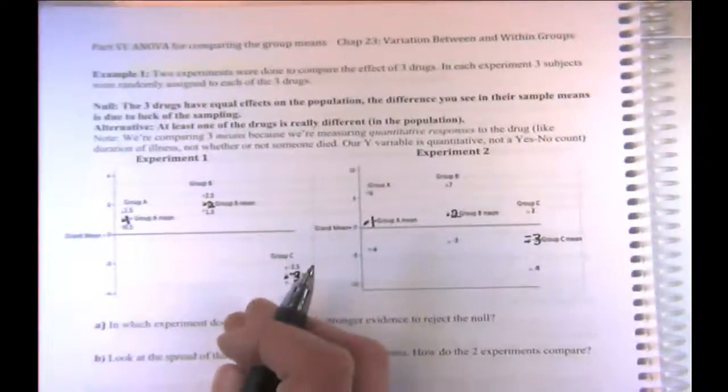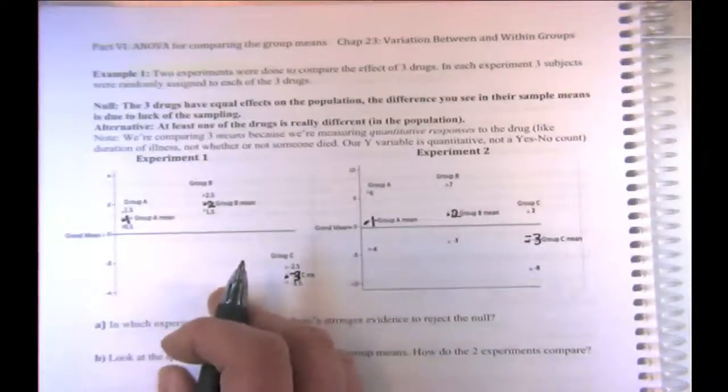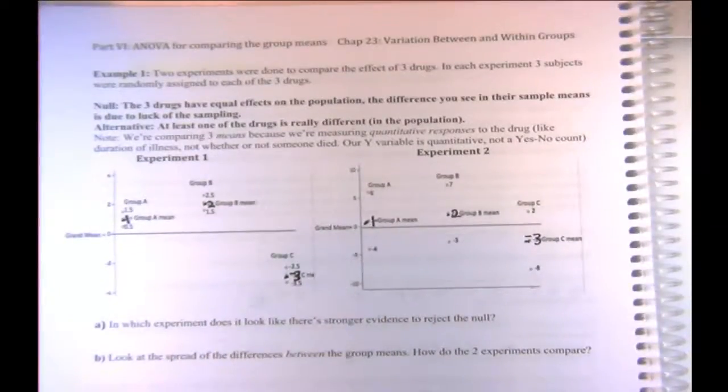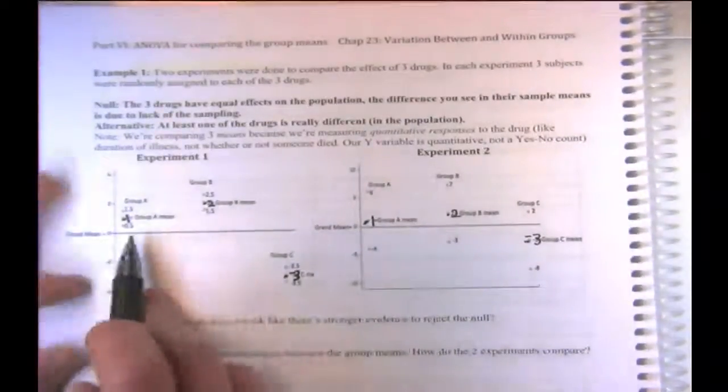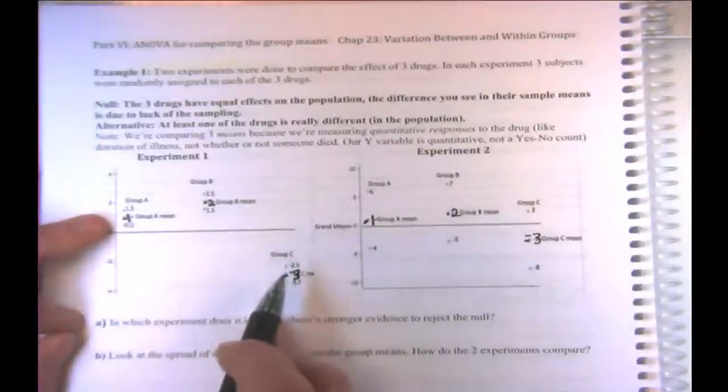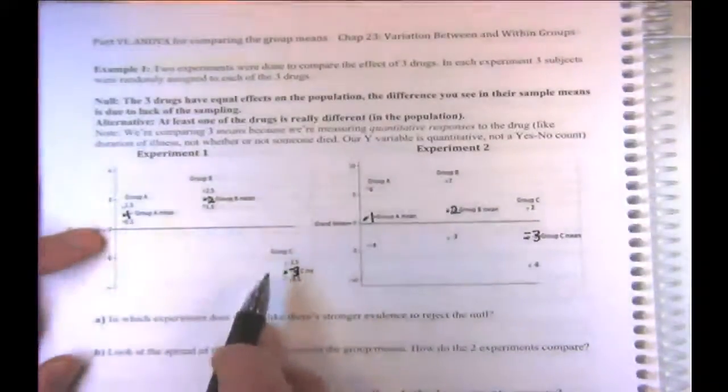This happens sometimes because you're testing some rare disease or whatever, and you just want to see what happens when you give these. You might not have a very big population. So you're giving these 3 drugs, and you only have a sample of 3 in each one.